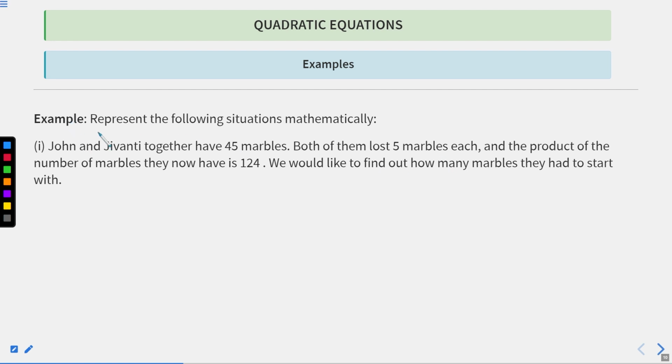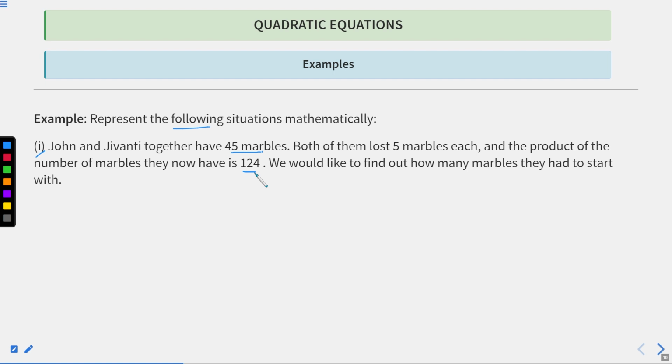In the first example, we have to represent the following situation mathematically. Question 1: John and Jivanti together have 45 marbles, and both of them lost 5 marbles each, and the product of the number of marbles they now have is 124.